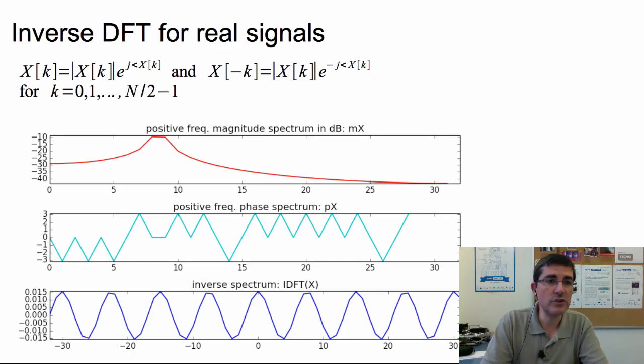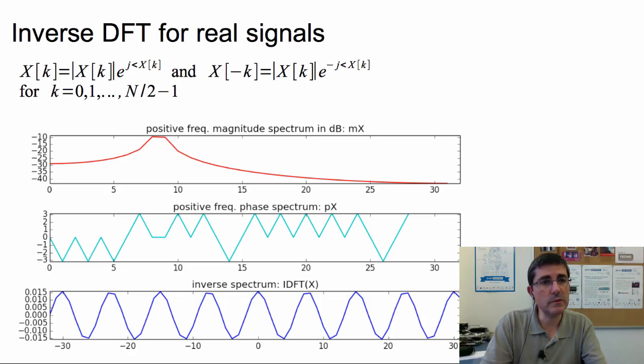So we first have to generate the negative part of the spectrum. The positive part will be the magnitude multiplied by the complex exponential of the phase, and the negative part is going to be the magnitude again multiplied by the complex exponential of the negative of the phase.